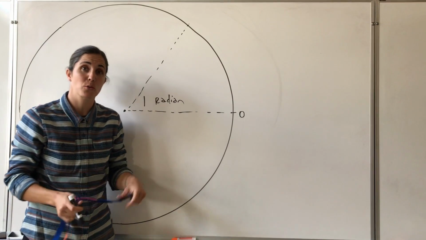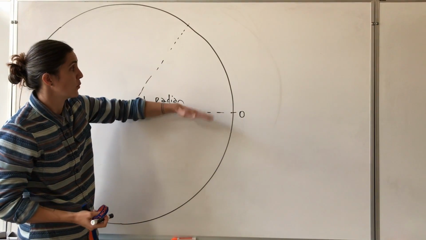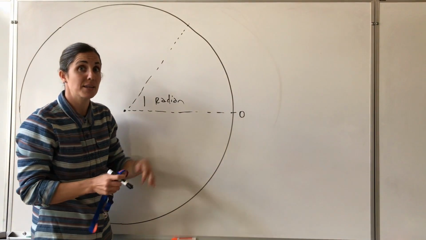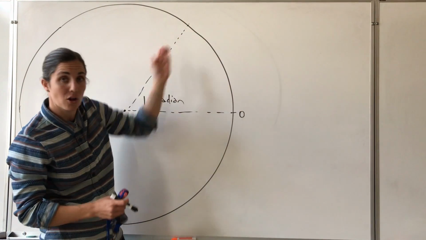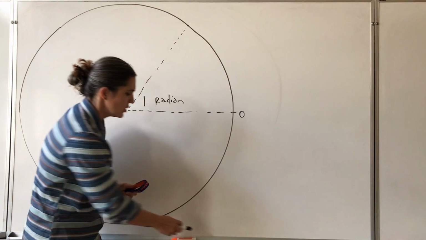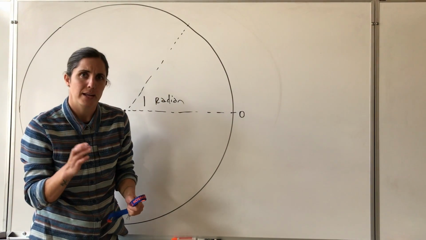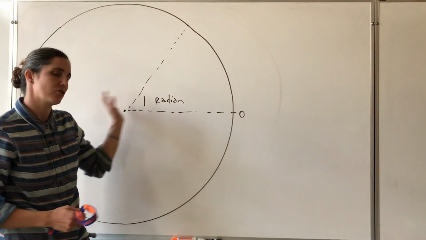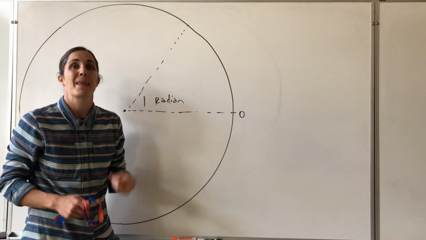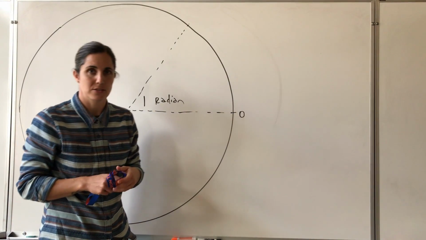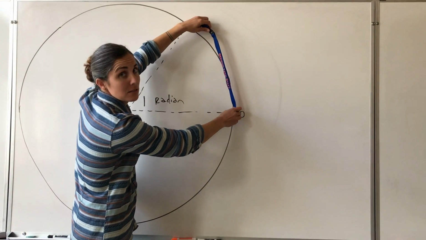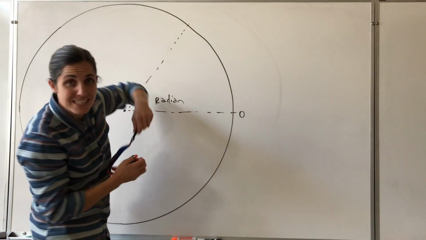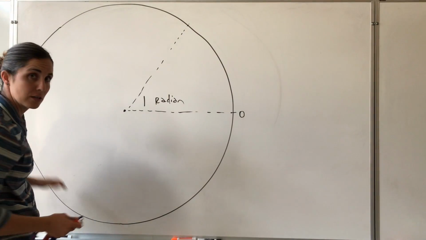Radians are another way of measuring angles, and 1 radian is the angle swept out by 1 radius along the circle. So it's worth thinking about then, if we know there's 360 degrees in a circle, how many radians are in a circle? That is, how many times will the radius fit around the circle?